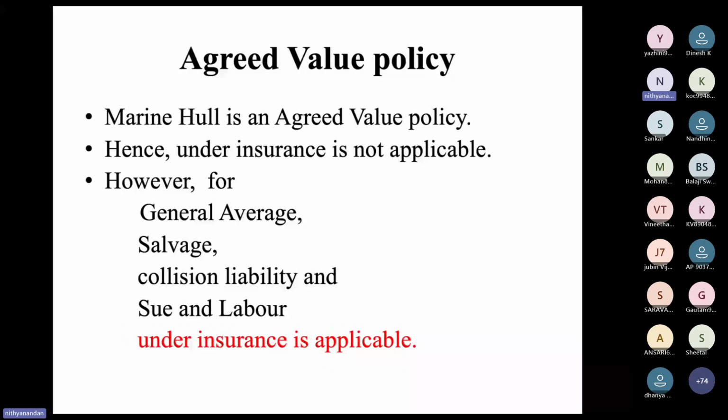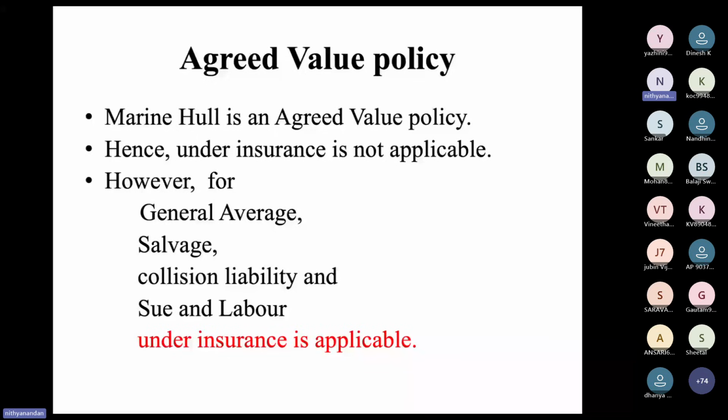A ship is 10 years old, another ship is a new one. Both are having the same capacity, but the value will be so much different. From the insurance point of view, we should see both the ships are having the same freight earning capacity. Whether it is an old ship or a new ship, the freight earning capacity is the same.